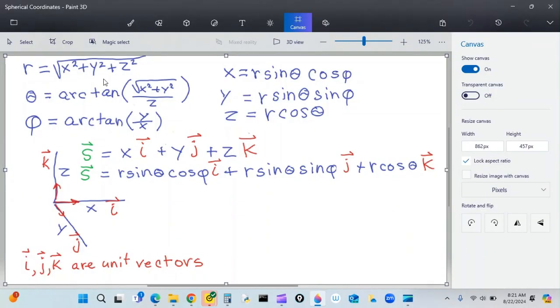Now let's get down to nuts and bolts and put this stuff on paper and try to figure out what's going on. Here are the 3 spherical coordinates that I mentioned. R is the radius. That's pretty easy. It can go around and around and up and down.